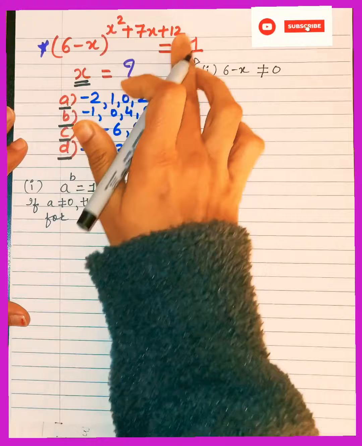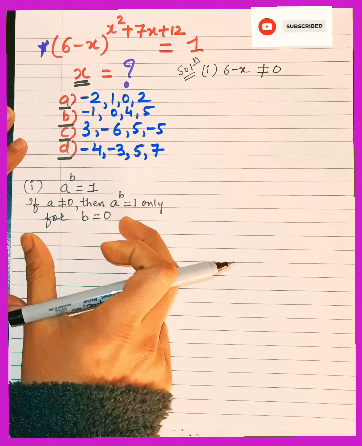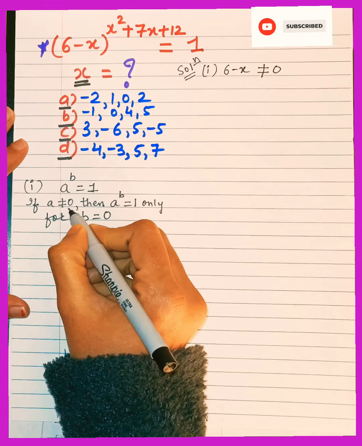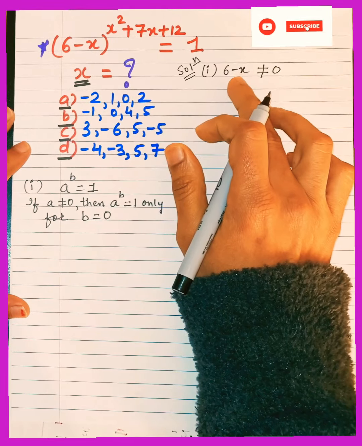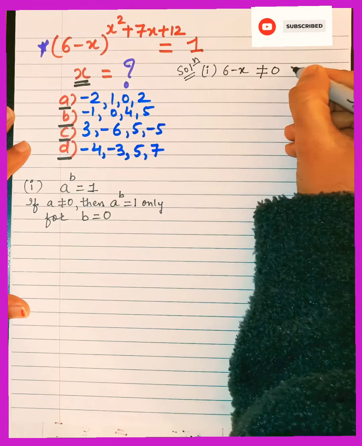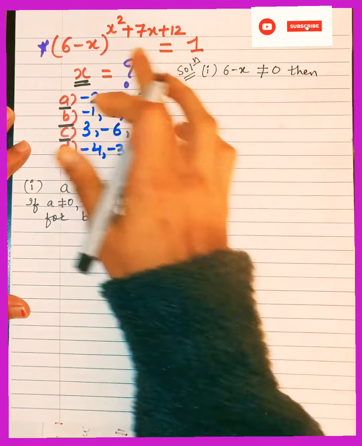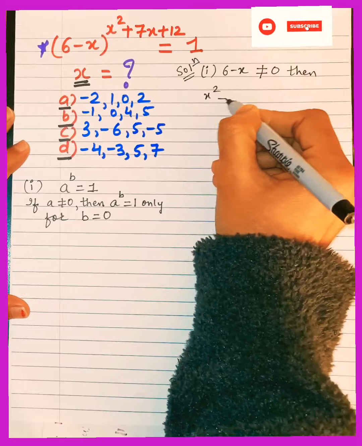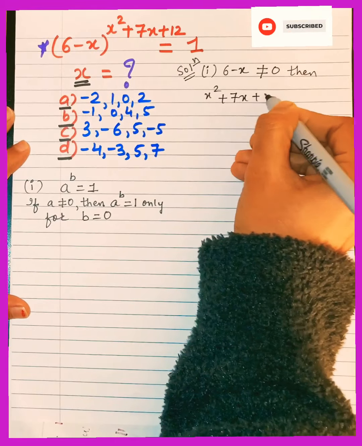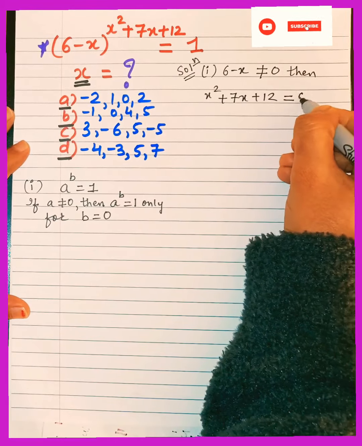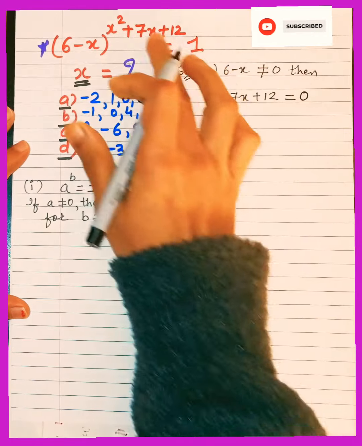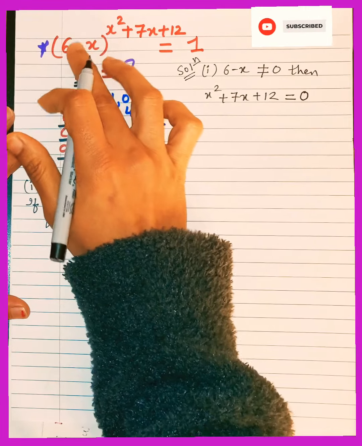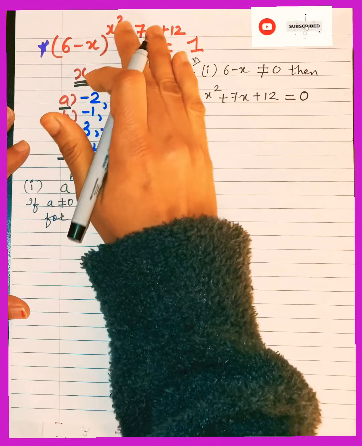B means this part. So according to our first situation, if A is not equal to 0, meaning 6 minus x is not equal to 0, then x square plus 7x plus 12 is equal to 0.